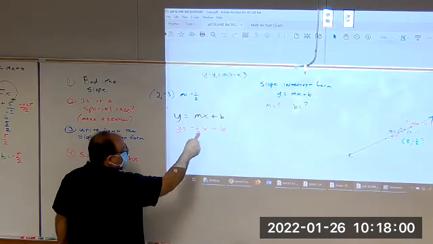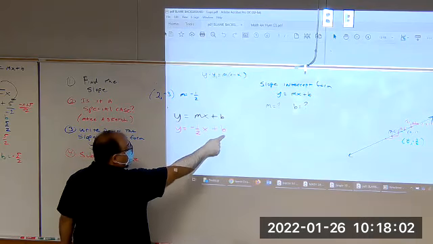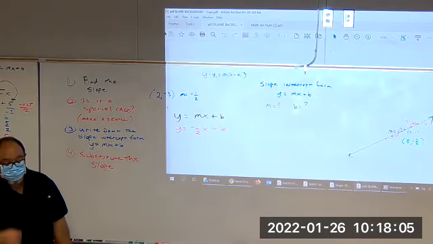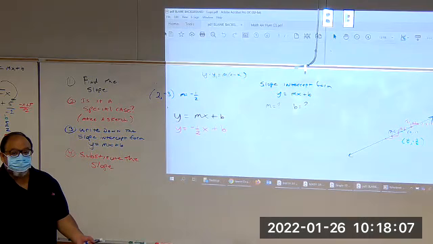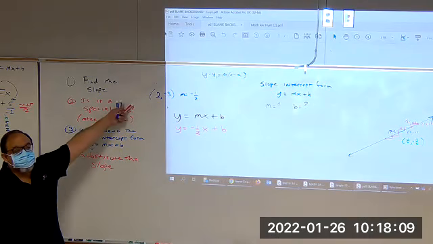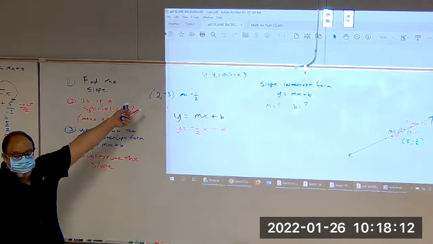If I can plug something in for this X and Y, then I can figure out what B is. If I only knew an X and a Y that is on this line. That's what's given to you.